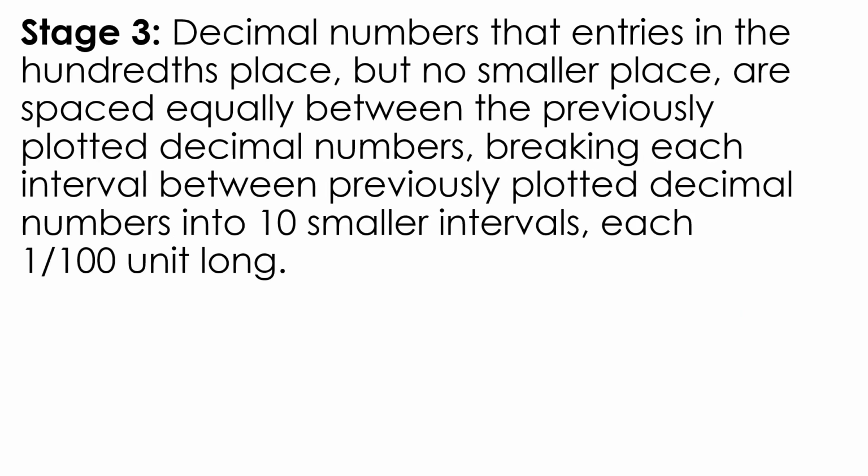If you've got a decimal number that has an entry in the hundredths place, then you're going to look in between 2 of the previously plotted decimal numbers, so maybe in between 0.1 and 0.2, or between 0.6 and 0.7. And you're going to, once again, break that into 10 smaller intervals.